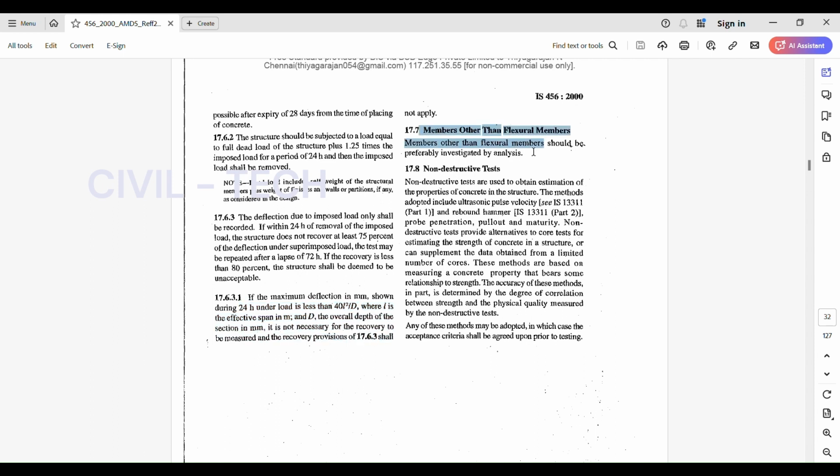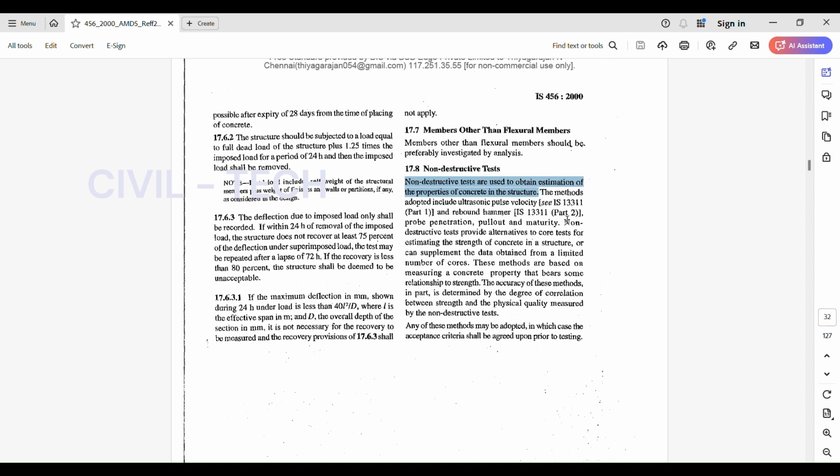And members other than the flexural members should preferably be investigated by analysis. So what are the analyses there? Non-destructive testers. Non-destructive testers are used to obtain an estimation of the properties of concrete in the structure.